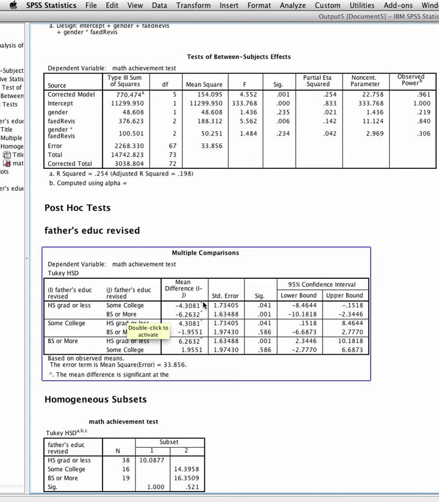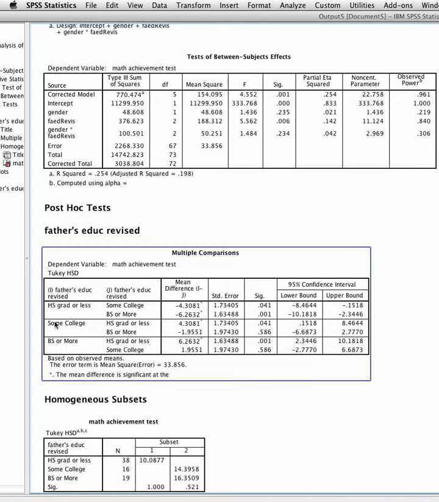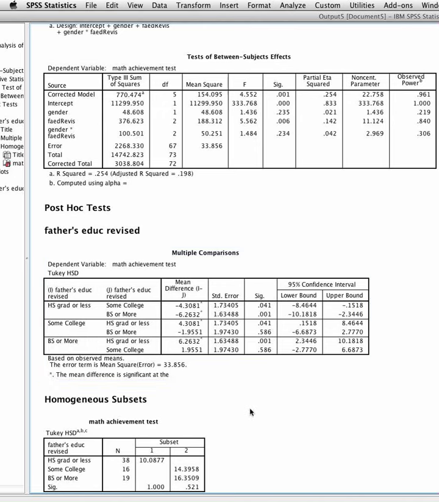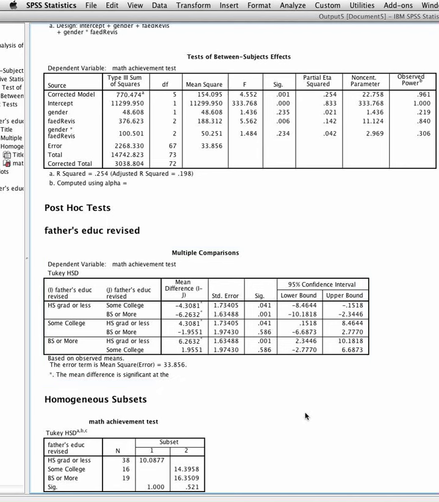And of course, these comparisons are starred. Then the rest of these comparisons are redundant, except for we see that students whose fathers had some college and students whose fathers had a BS or more, that average of almost 2 points of difference in math achievement scores was not significant. And it's not starred here. And then we can see that the probability of significance is way above 0.05.